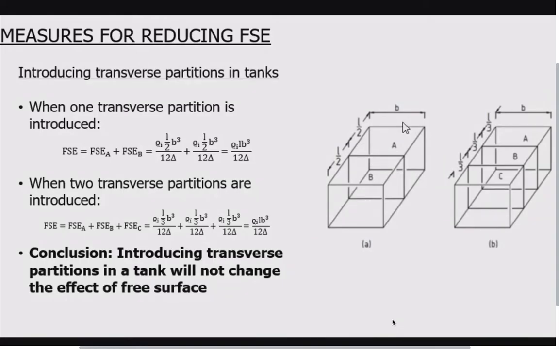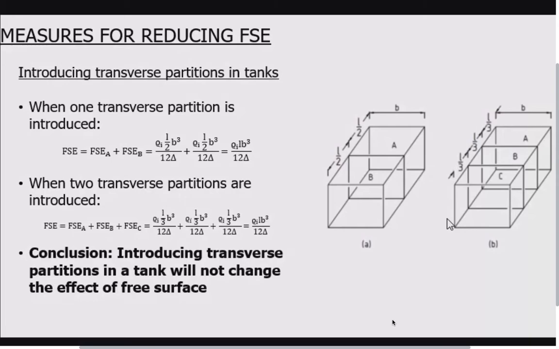That is if there are two tanks. So this becomes the formula for it. So we have lb cubed all over 12 times the displacement. So you calculate for this, then it goes to this. Now, when two transverse partitions are introduced, when you introduce another partitioning, then you have to use this formula to calculate for it.